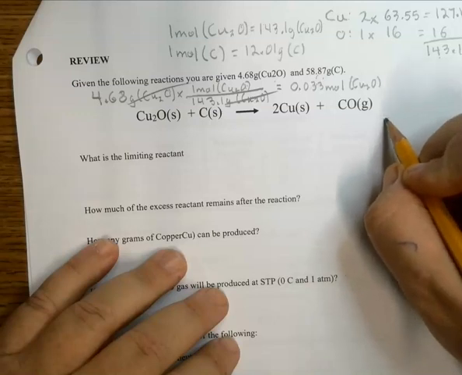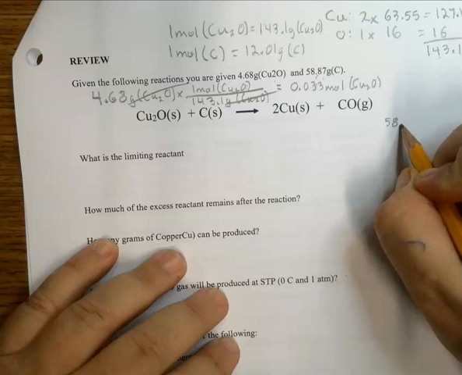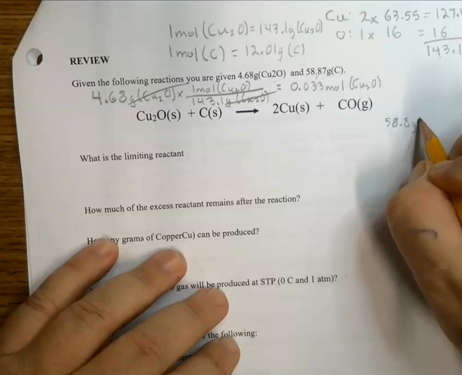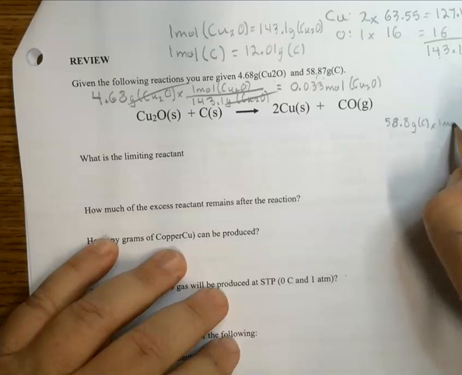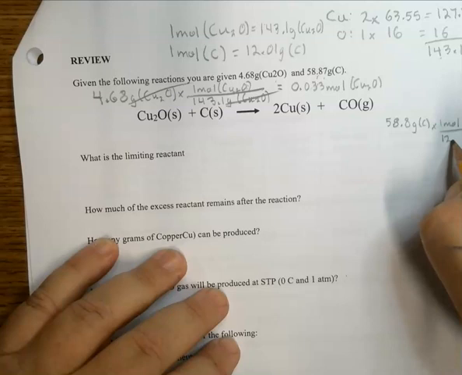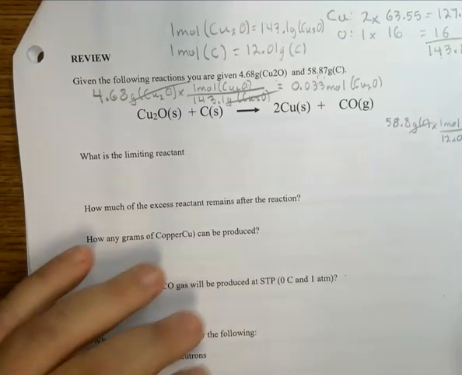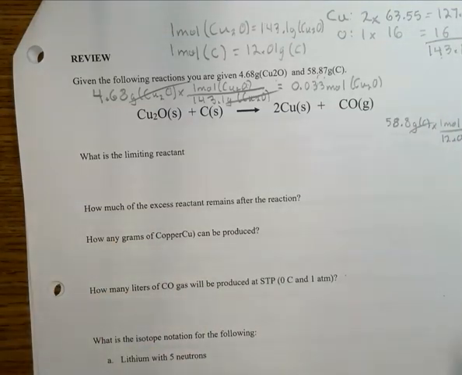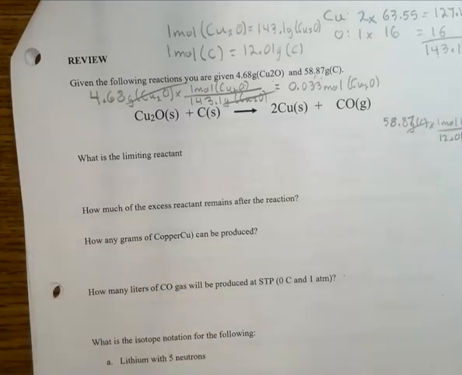So 58.87 grams of carbon times 1 mole of carbon would be 12.01 grams, molar mass conversion. Grams cancels, so it's 58.87 divided by 12.01.